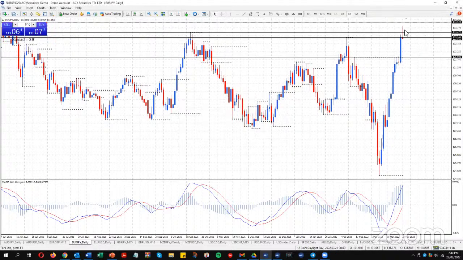So we may well reject this area in the short term, but it doesn't change the trend. If I'm going to be looking after such a rocket move up, 12 straight days, 13 days, something like that, I'm going to need a clear sign that that movement that we're seeing has ended, rather than looking for a short here that only comes back to day support and then blows straight back through.